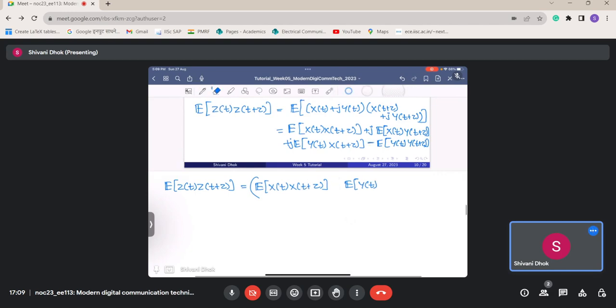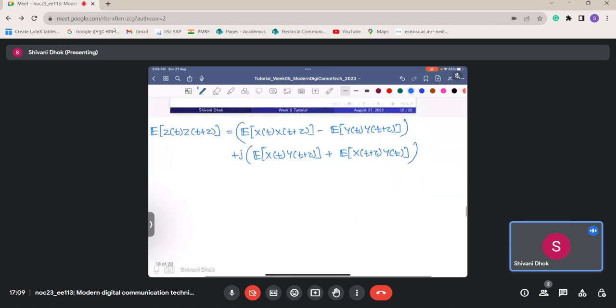So minus expectation y(t) into y(t plus tau) plus j times expectation x(t) y(t plus tau) plus expectation x(t plus tau) into y(t).